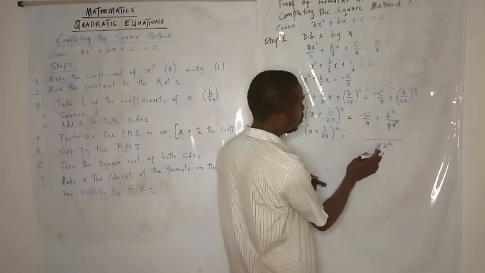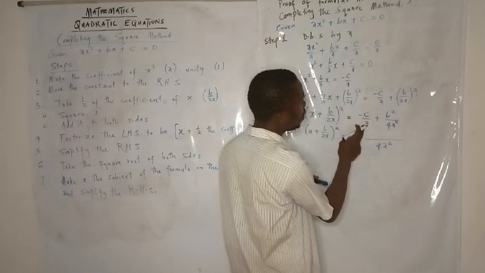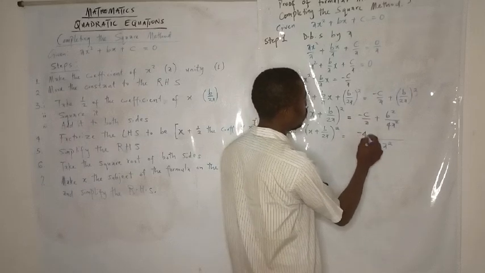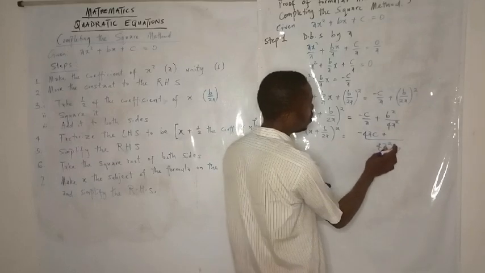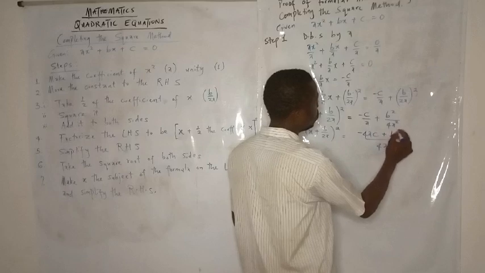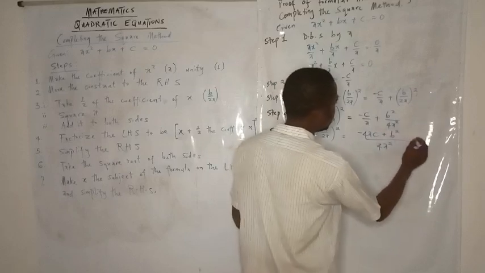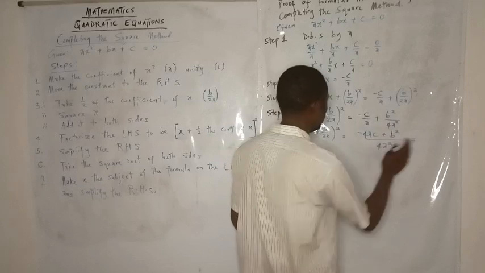4a squared divided by a will give us 4a. So 4a times minus c will give us minus 4ac, plus 4a squared divided by 4a squared will have 1. 1 times b squared will give us b squared. So we can express this by bringing the positive first and the negative to follow.